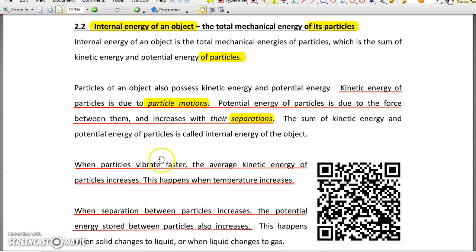And so when particles move faster, the average kinetic energy increases. This happens when temperature increases. On the other hand, when separation between particles increases, the potential energy of them also increases. And this happens when a solid changes to liquid, or when a liquid changes to gas.